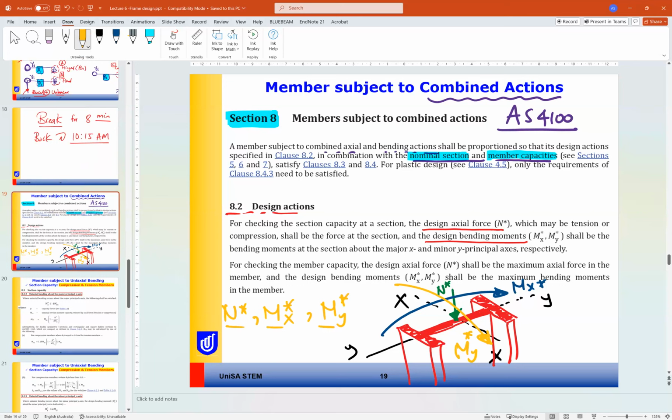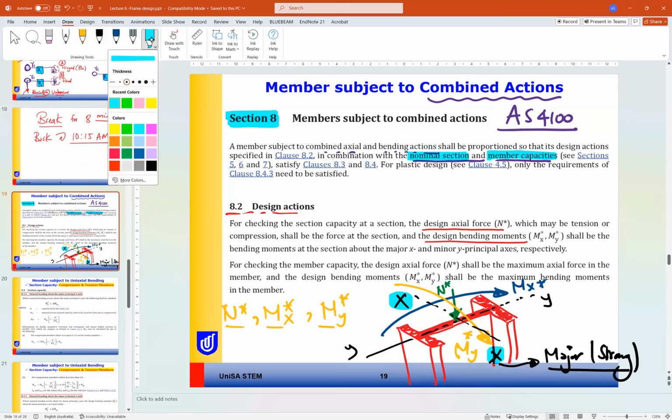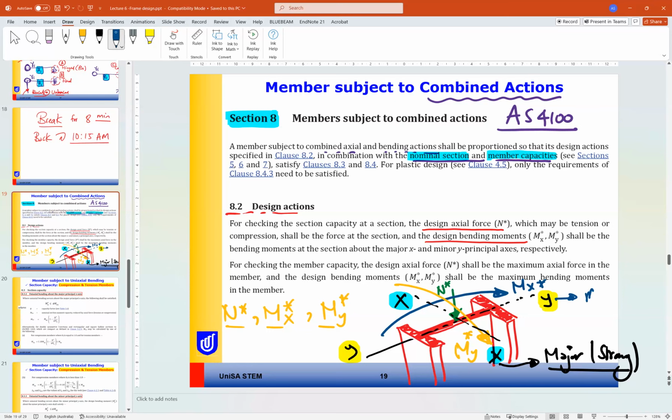Where X, as you know, is the major or strong axis of the section, and Y is the minor or weak axis.